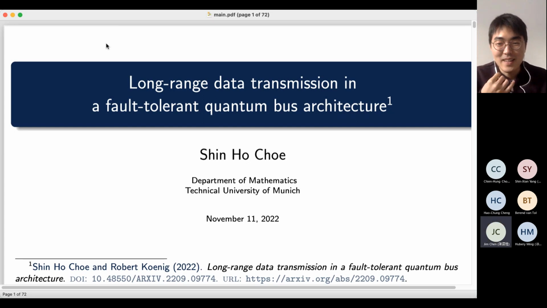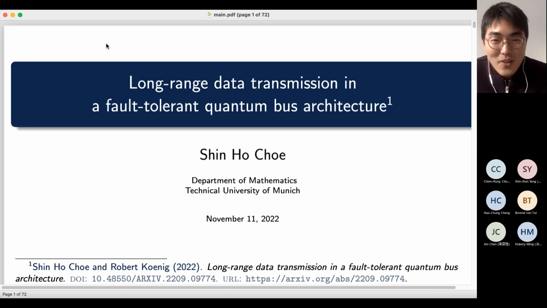Okay. Then let me start. Thank you for having me here today. Today, I'm going to introduce our work, joint work with my supervisor, Robert Koenig, about long-range data transmission in a fault-tolerant quantum bus architecture.